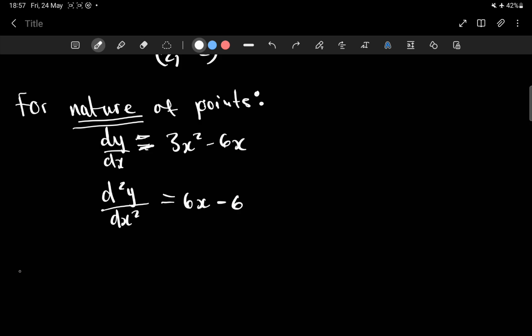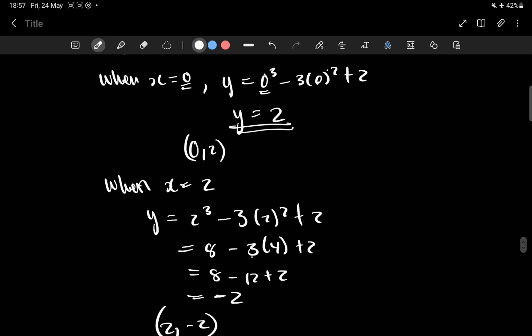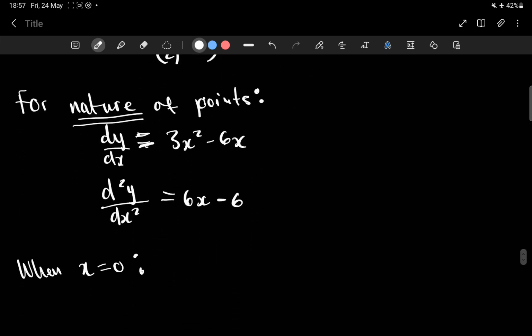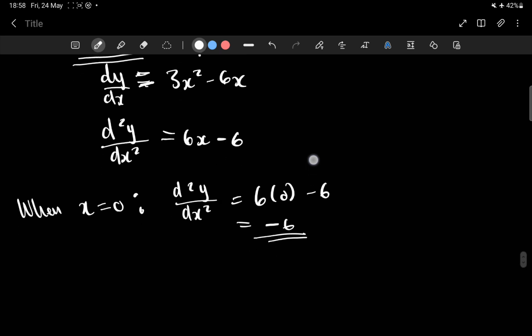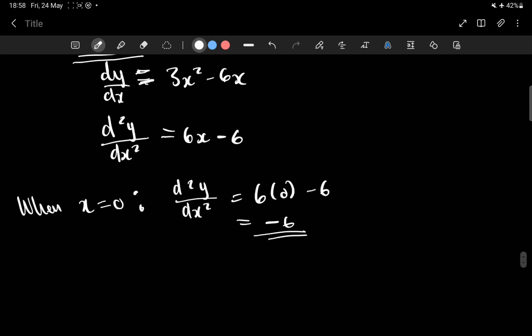Now when x is equal to 0, I'll start with this first point. I'm going to see what type of turning point it is. d2y dx squared is equal to 6 by 0 minus 6. 6 by 0 is 0, then minus 6, it will be minus 6. So you see, it's a negative number.